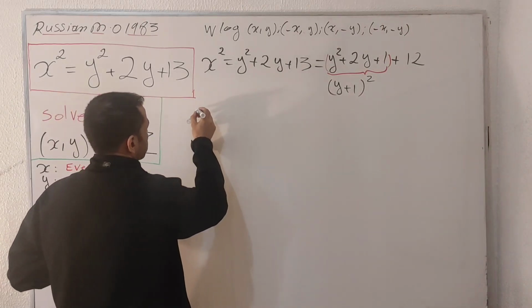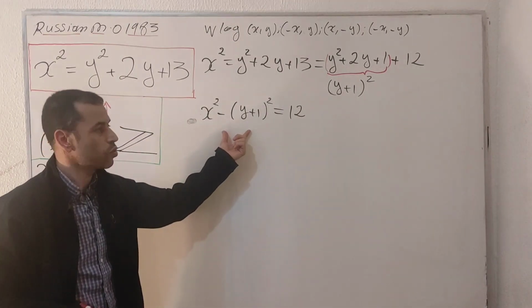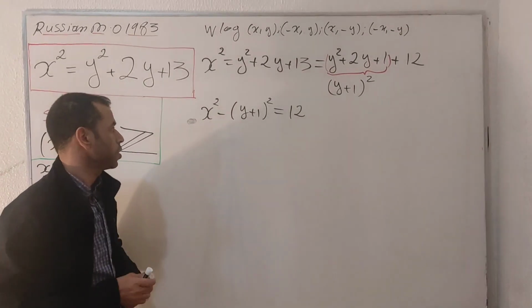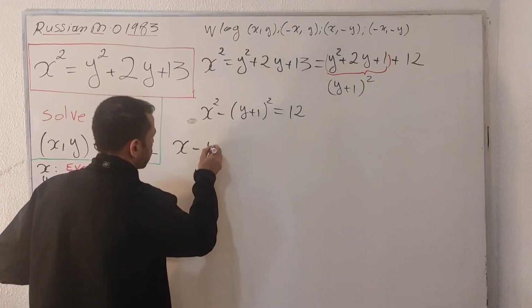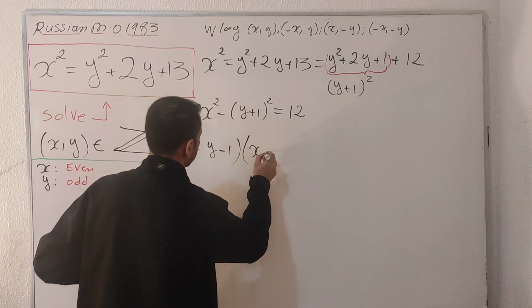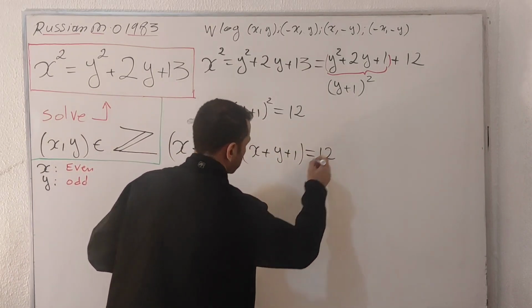Now this becomes the difference of squares, so we are able to factor it as a product. So we'll have (x minus y minus 1) times (x plus y plus 1) equals 12.